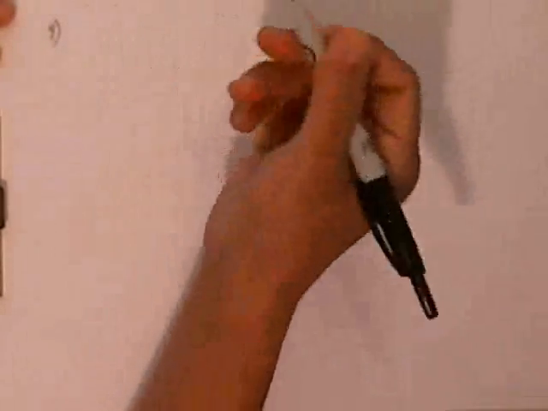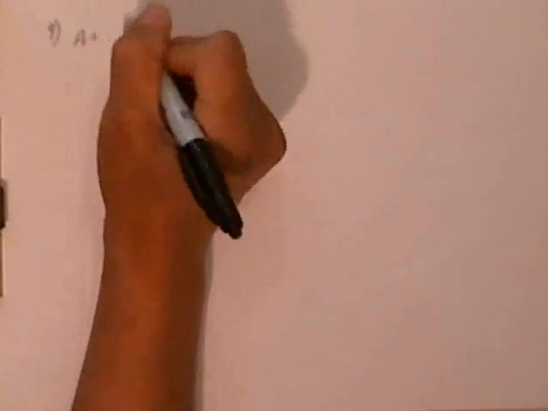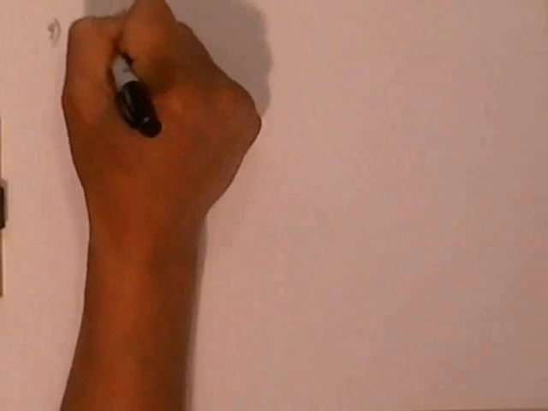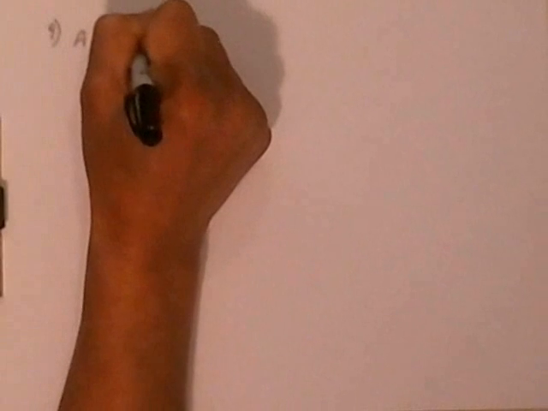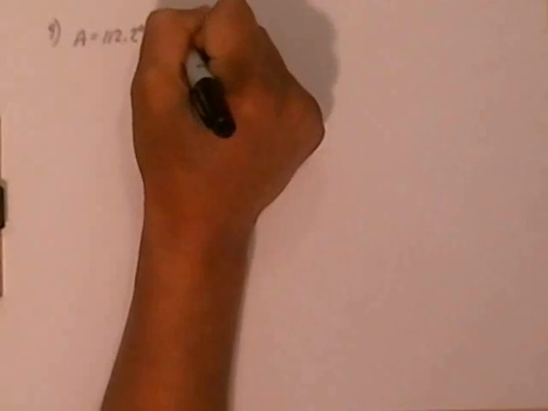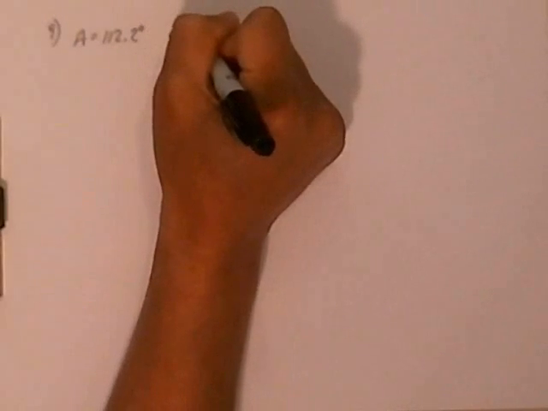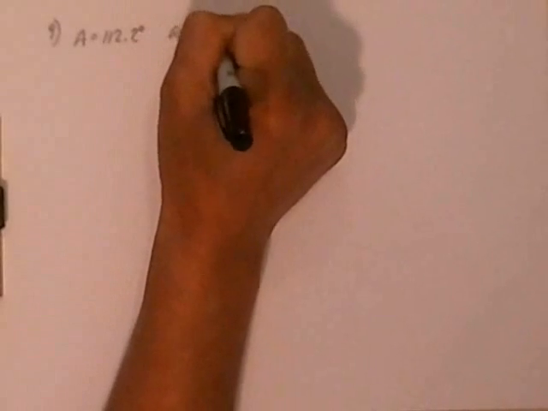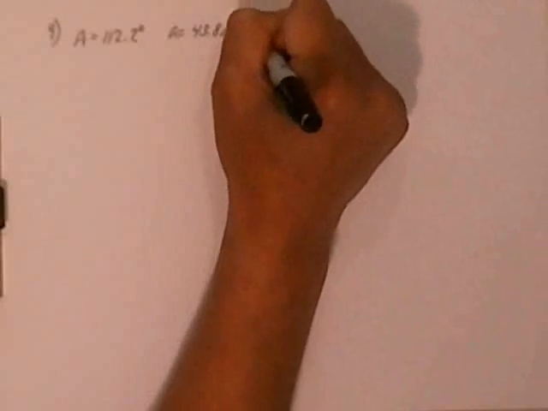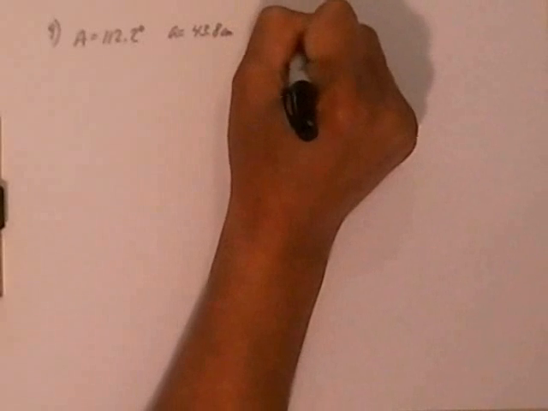Same process all over again. A this time is equal to 112.2 degrees, and little a is equal to 43.8 centimeters, and little b is equal to 22.3 centimeters.